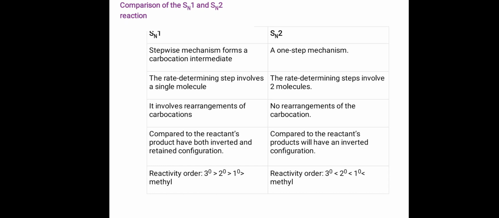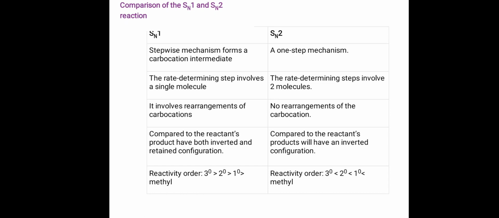In the SN1 reaction, comparing reactants and products, both inverted and retained configurations form, so there is a racemic mixture in the product. Already we know the carbocation has a planar structure. With the planar carbocation, the nucleophile can add from either the front side or the back side.